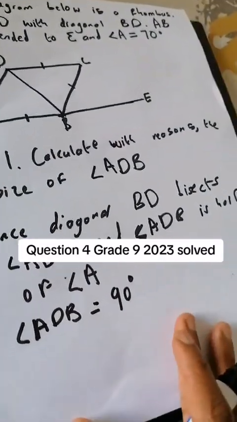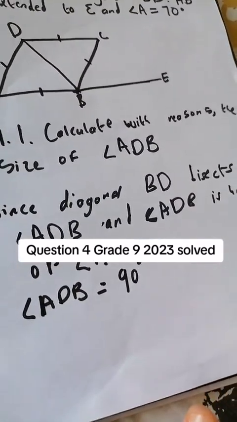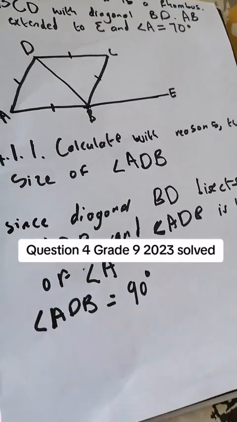So this is what you're going to say. Remember, it's 3 marks, so you need to elaborate as much as you can.